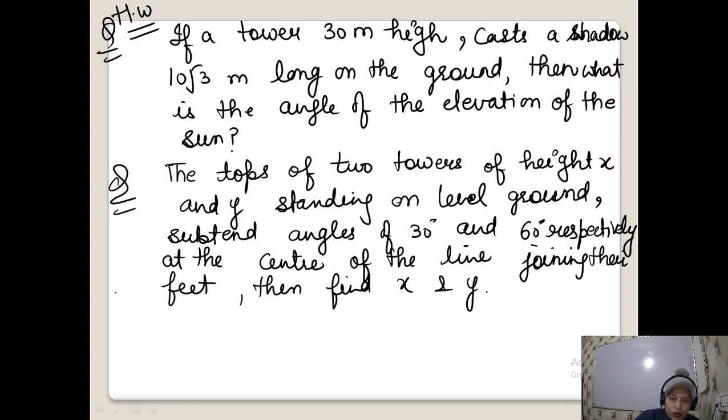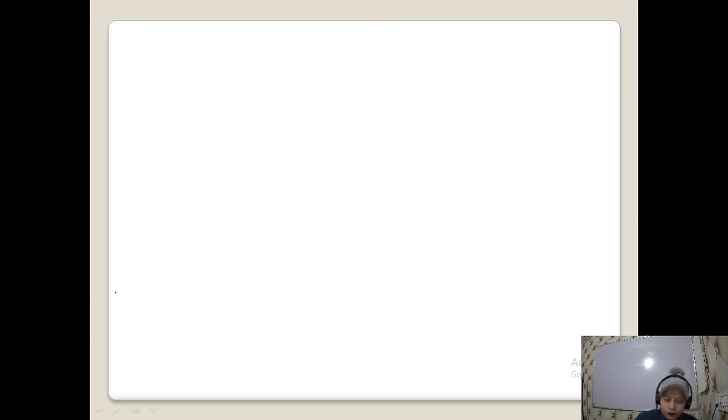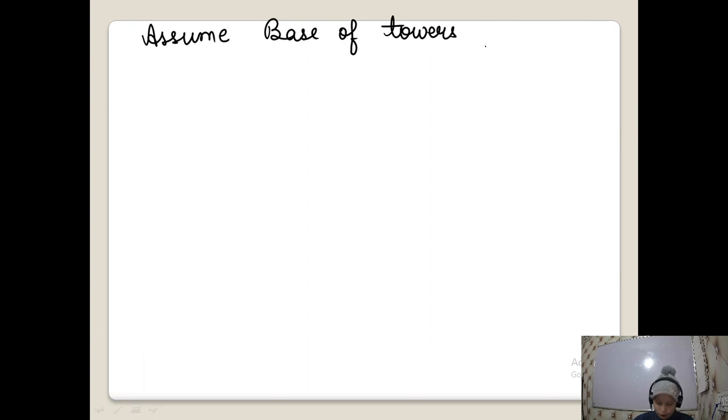Now for solving this question, first of all you have to assume the base of the towers equal to, we take here k, you can take any alphabet. Now we have to write the statements, what things are given.